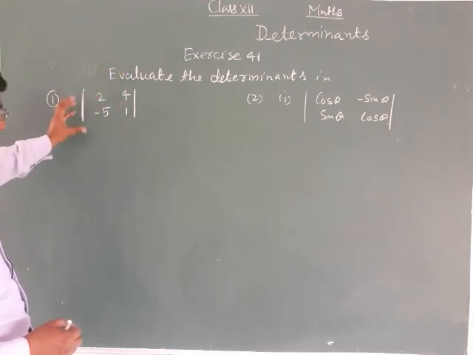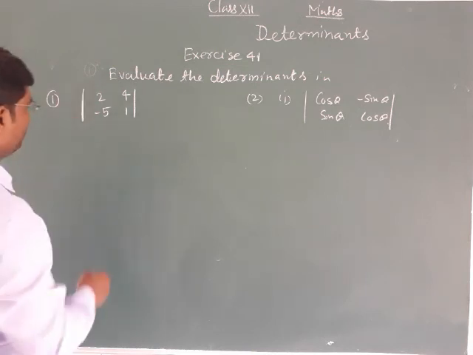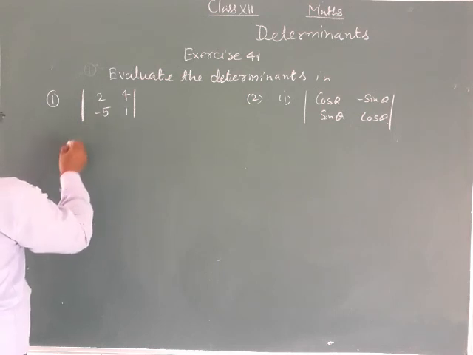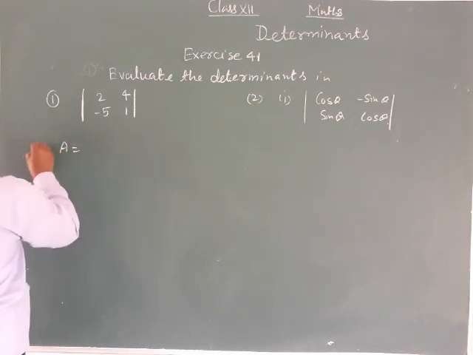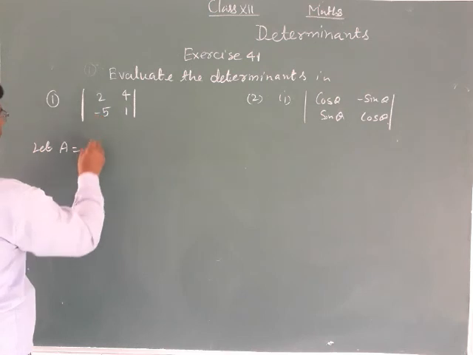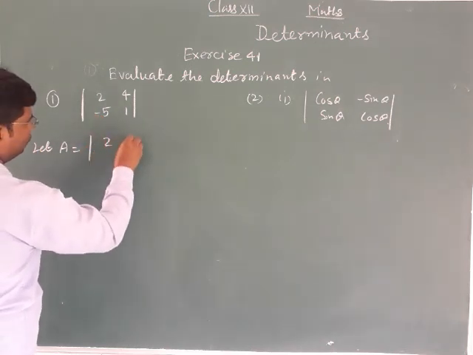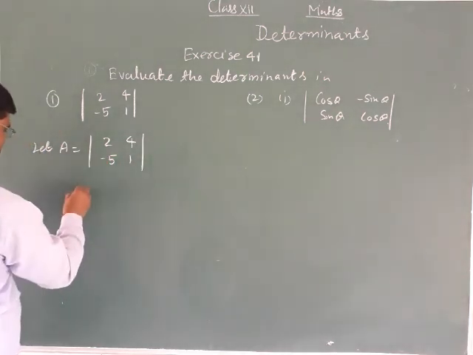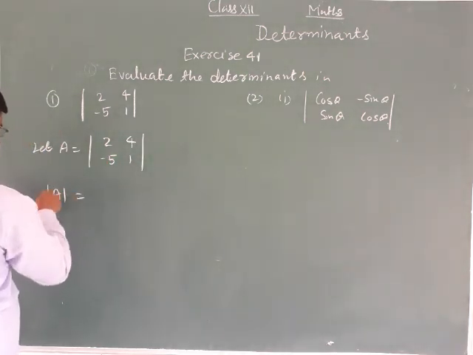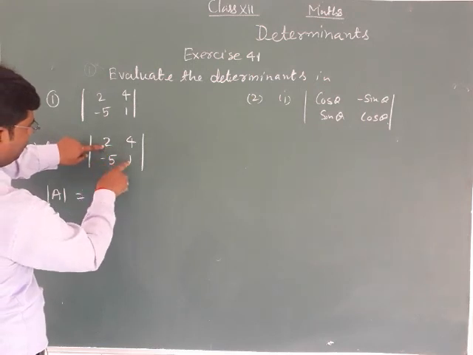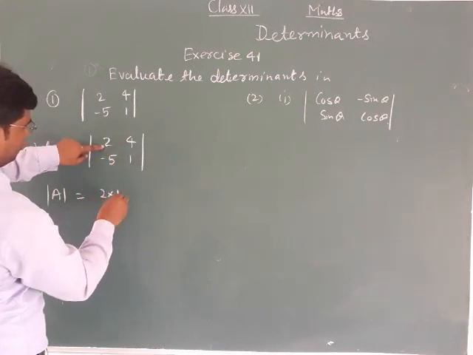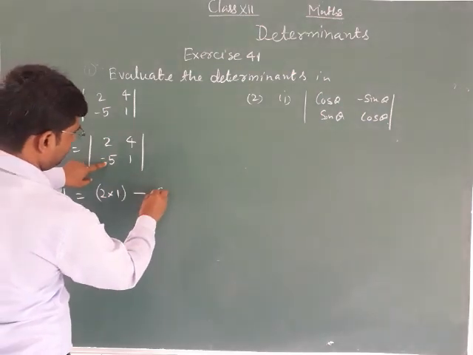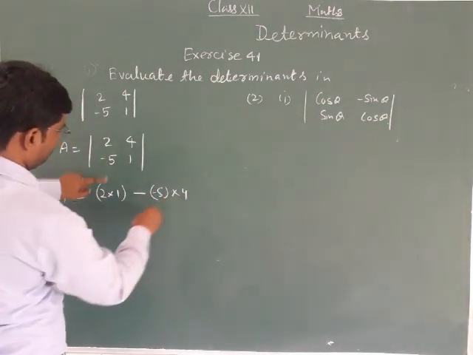Let the determinant of A be this. So determinant of A is 2 into 1 minus minus 5 into 4.